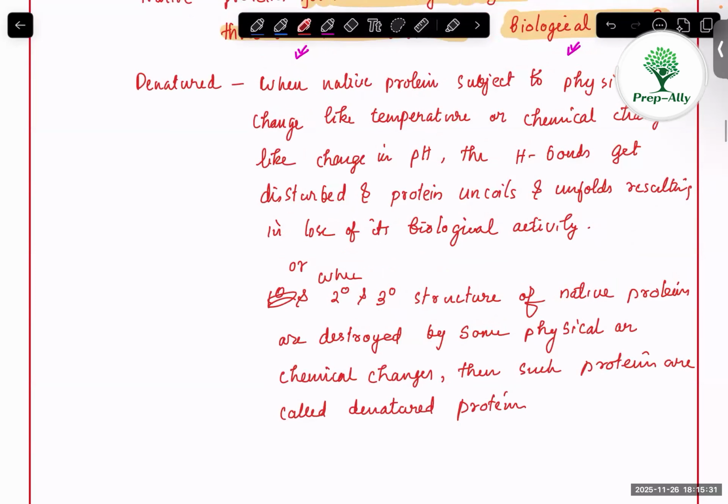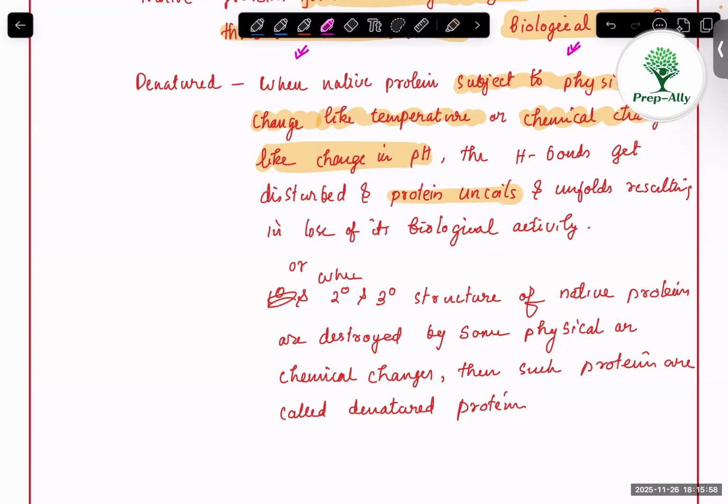What you need to remember is the key points only. So here, subject to physical change like temperature or chemical change like change in pH. Instead of writing change in pH and change in temperature separately, you can write: when it is subjected to change in temperature or change in pH, protein uncoils, or we can say the helix gets uncoiled.